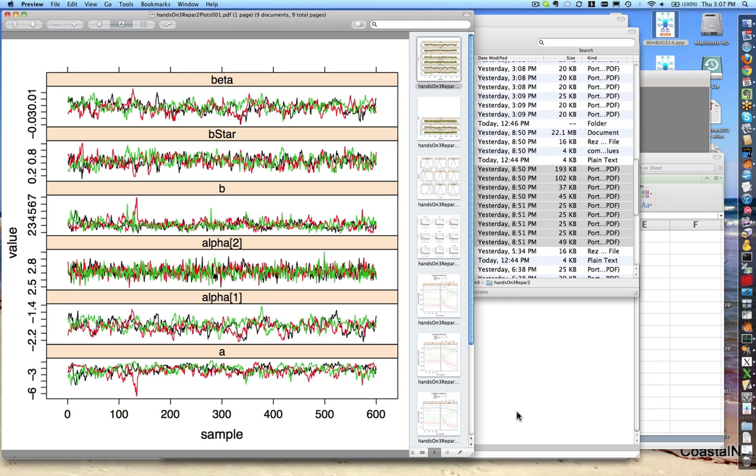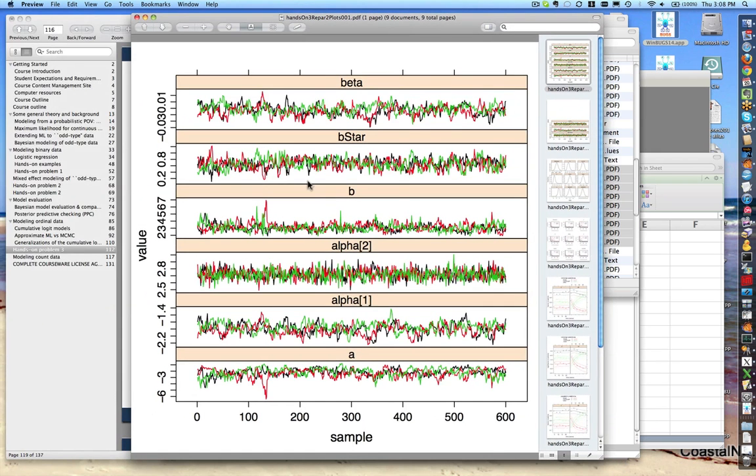And essentially we've gotten that marked improvement by parameterizing in terms of a quantity, this B star, that under the hood is less correlated with A and K. If you actually looked at pairwise comparisons of B and A and B and K, you'd see the correlations are still present between those quantities, but you would see less correlation between B star and some of those others, and that's improved our sampling characteristics a lot.